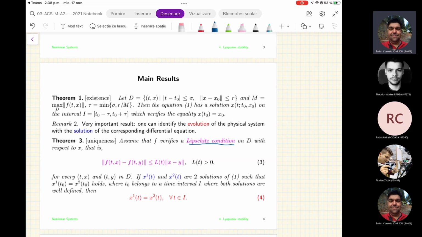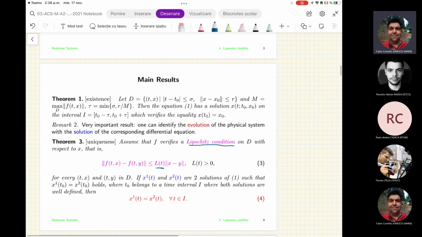There exists a function L depending on the time, so it's not a constant, L(t) positive, such that for every point (t,x) and every point (t,y) in the domain D, such a condition holds. This is the Lipschitz condition.